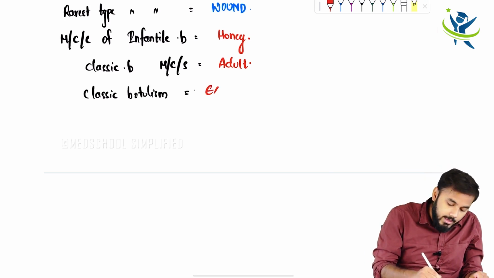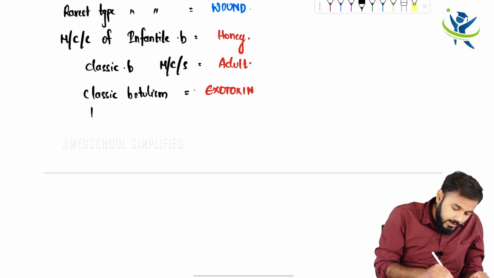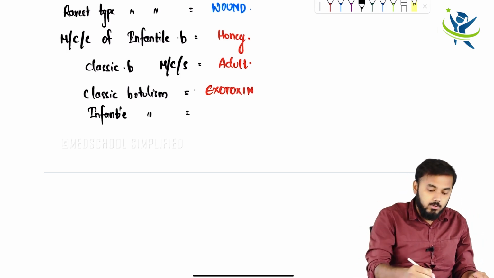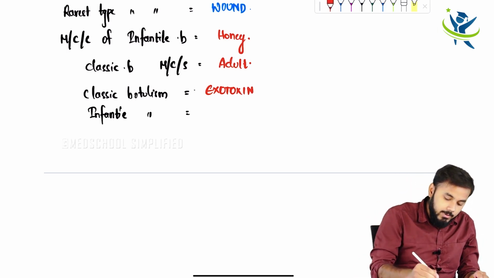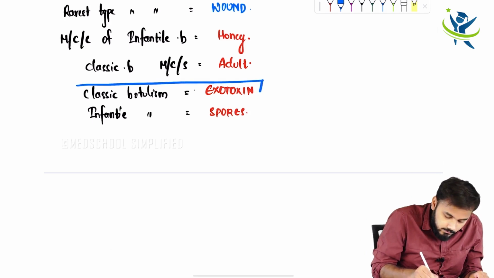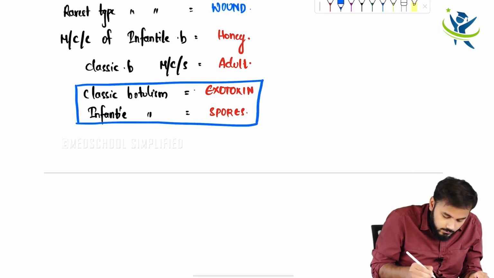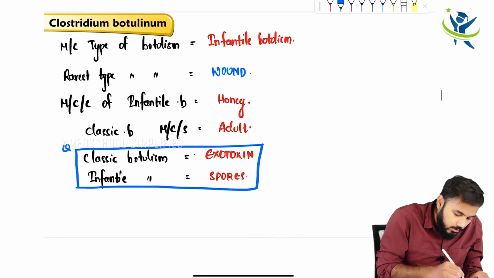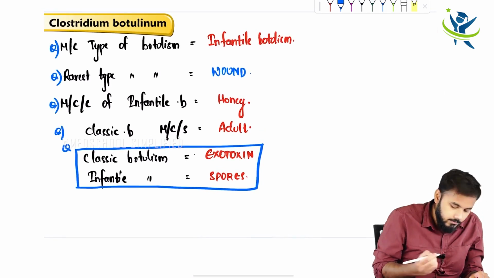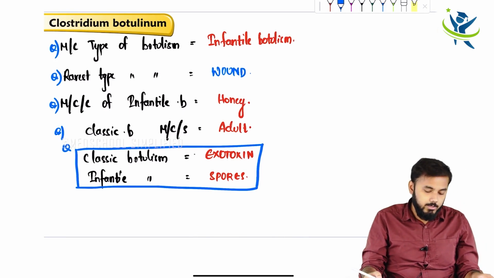Obviously, ingestion of exotoxin. Whereas infantile botulism is caused by ingestion of spores or exotoxins. Obviously, it will be spores. So everything is important. These are some of the important points.